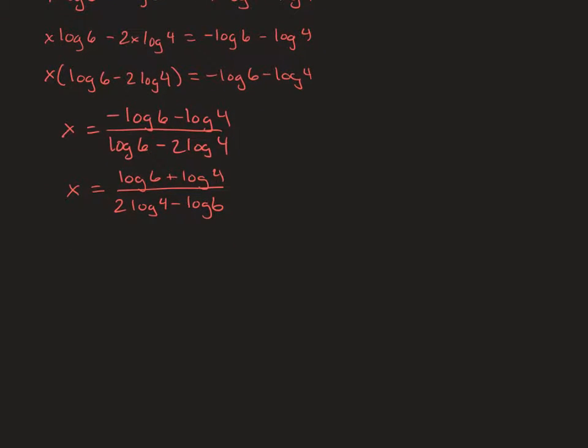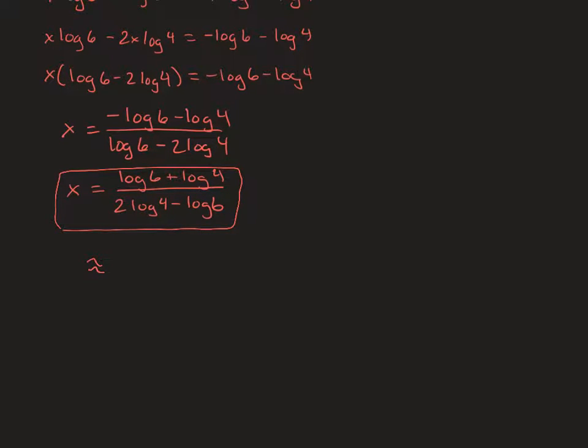If I want an exact answer, generally speaking, we will accept this, although this actually can be reduced to a single logarithm. If you're interested in that, we can talk about what that would look like, but I'm not going to go into it at the moment. If we want the approximate answer, then we're going to plug this into our calculator.